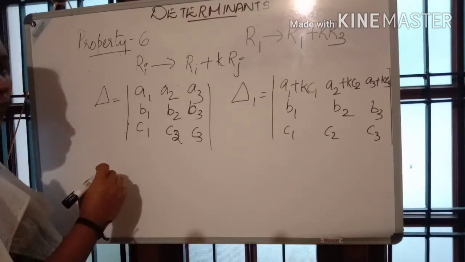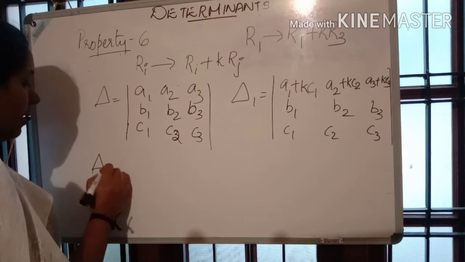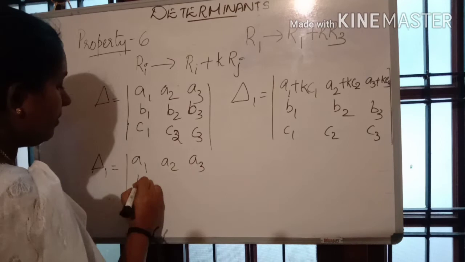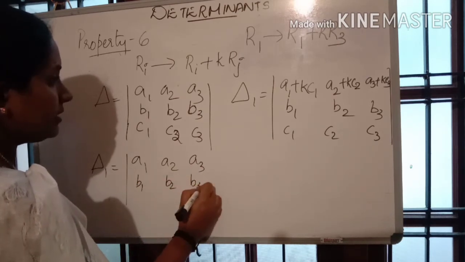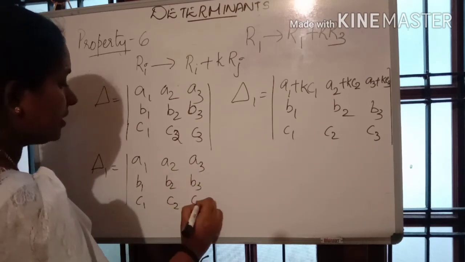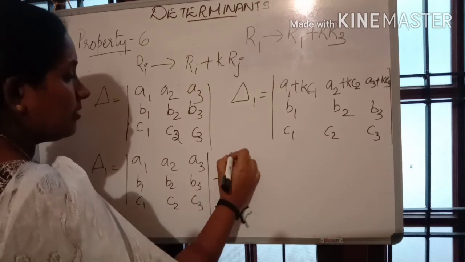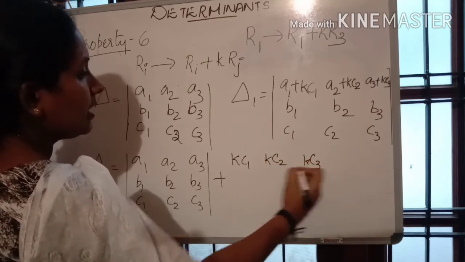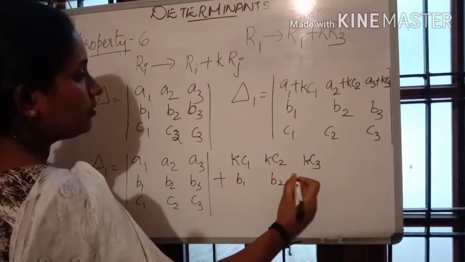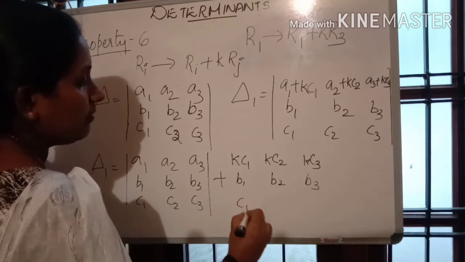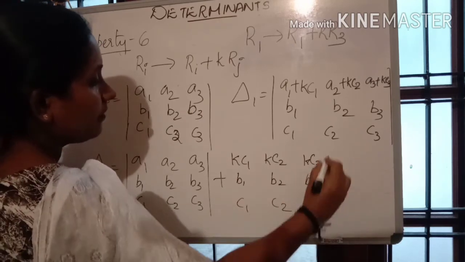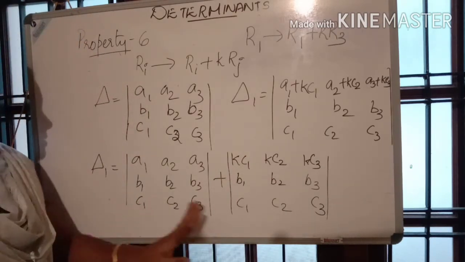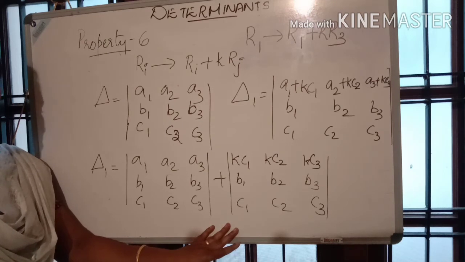Applying property number 5, we'll get delta 1 as a1, a2, a3, b1, b2, b3, c1, c2, c3 plus kc1, kc2, kc3, b1, b2, b3, c1, c2, c3. Clear? We'll get the answer like this. That's all.